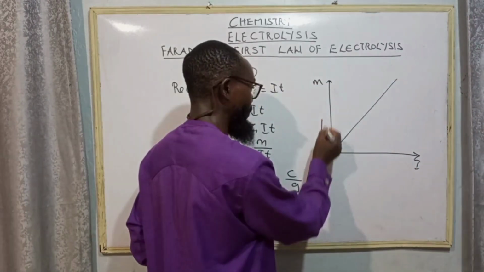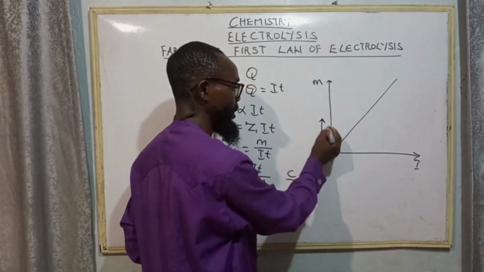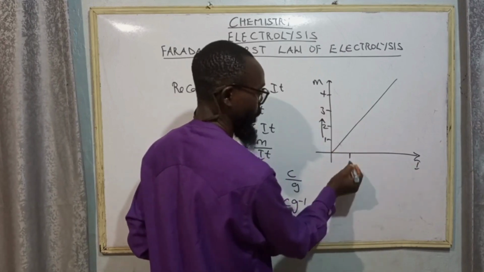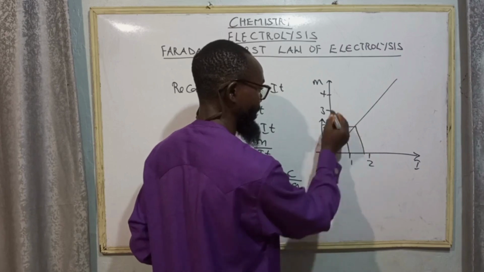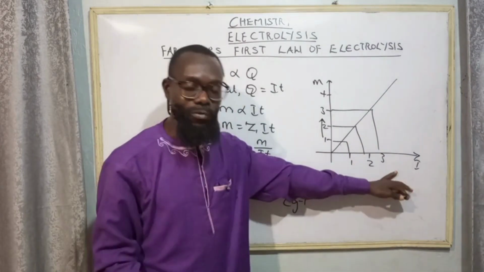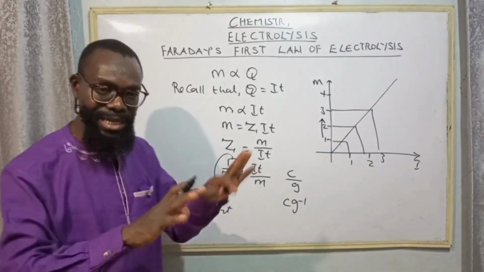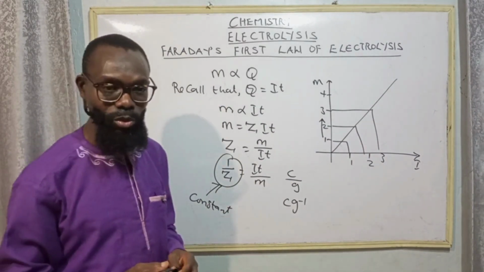Meaning, as the mass increases from 1, 2, 3, 4, the current will also be increasing. So the higher the current of the electricity passing through the electrolyte, the higher the mass of the element that is going to be deposited or liberated during the electrolysis.